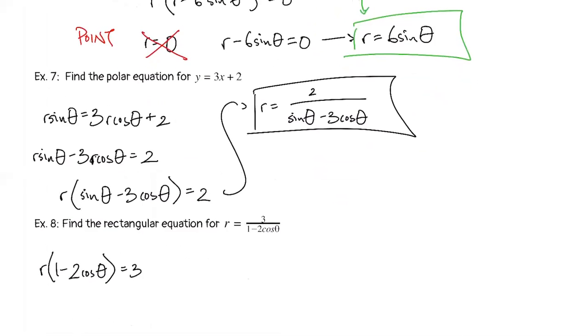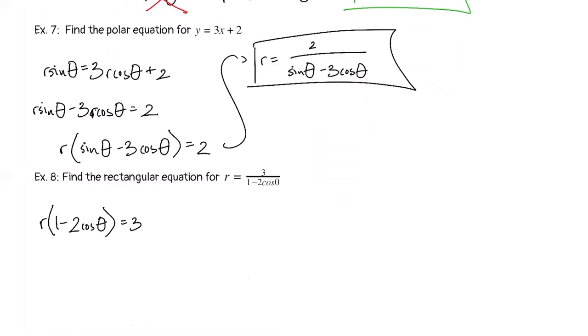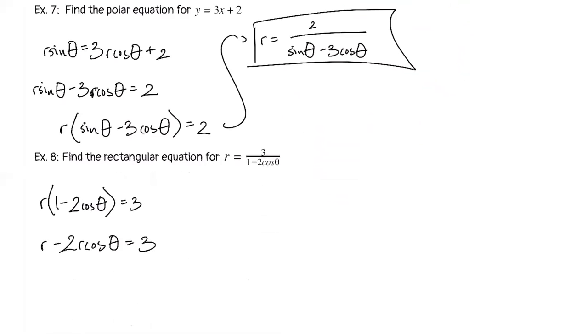Right. So let's try that distribution, because the goal is not just to do something, but to try and match the equations we have above. So if we distribute, we get r minus 2r cosine theta equals 3. And what was that you said? What can we substitute now?